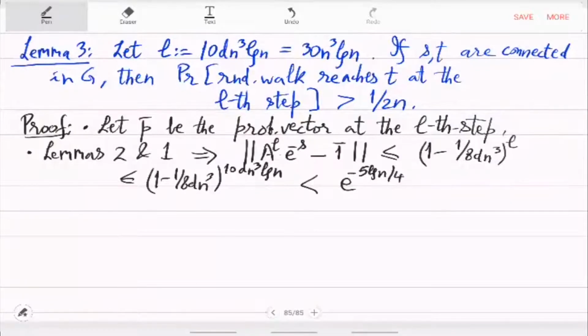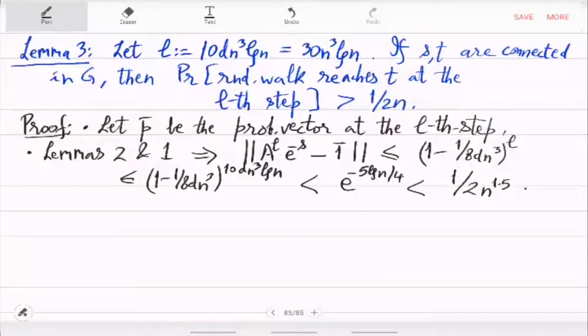You just use this e raised to minus t upper bound, and this is less than 1 over 2 n to the 1.5.